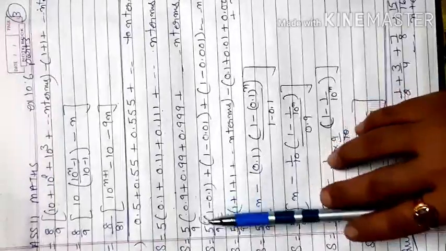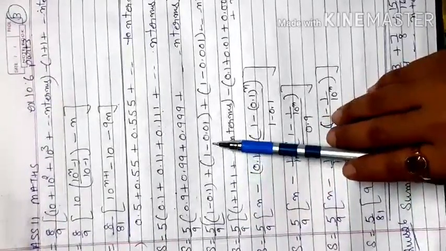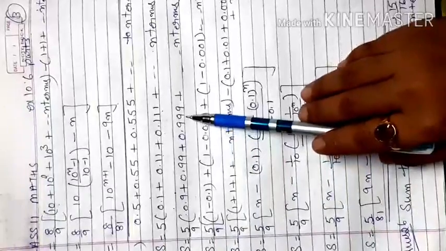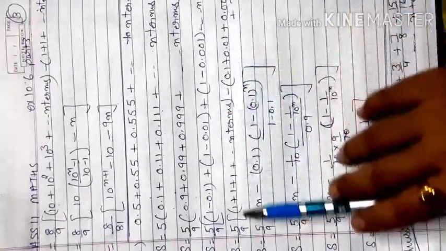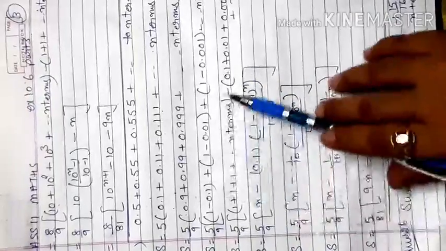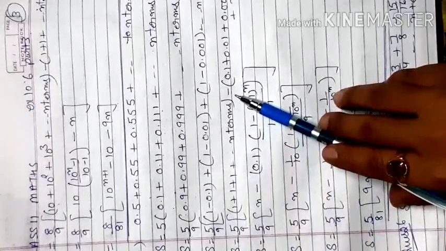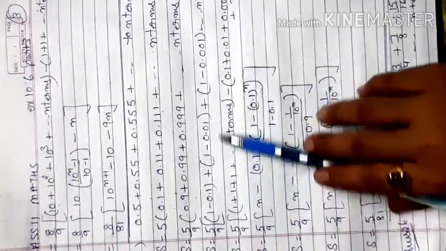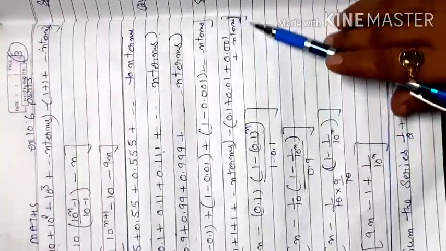Now 0.9 will be written as 1 minus 0.1, 0.99 as 1 minus 0.01, and 0.999 as 1 minus 0.001. Now you have to separate the term 1 separately up to n terms, minus kept between the brackets, and 0.1, 0.01, 0.001 up to n terms.